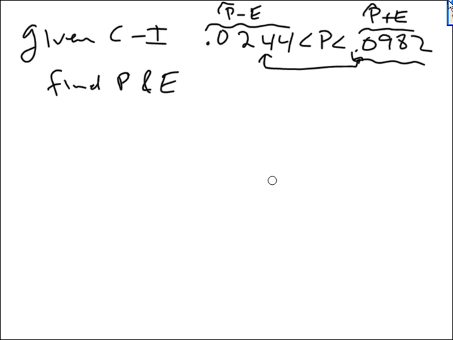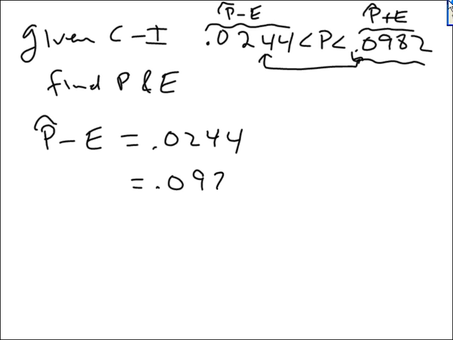It's exactly the same, but I'll be using the correct notations. The left number, 0.0244, that's P hat minus E. The right-hand number, 0.0982, this is P hat plus E.